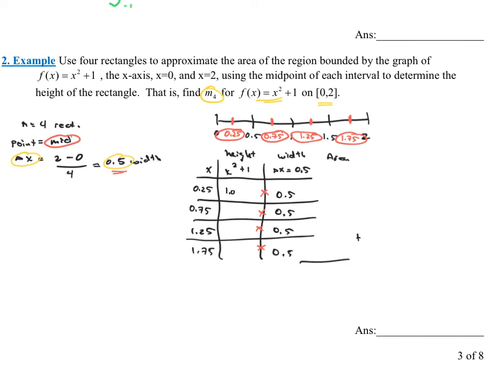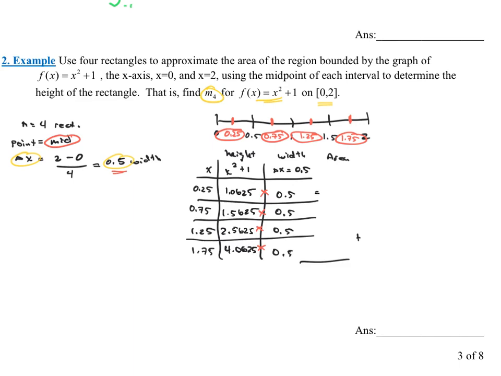So I got 1.0625 when I plugged in 0.25. See what it is when I plug in 0.75. I'm getting 1.5625. And the next one I'm getting 2.5625. And on the third one I got 4.0625.